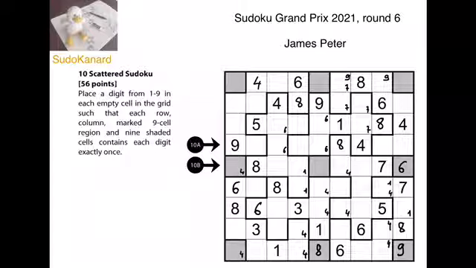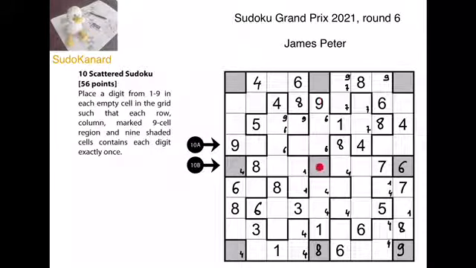So about 9. So what about this row? 9 is not here, it's not here, so I must have a 9 in one of those two cells. On this row now, because of this 9, it is not here.